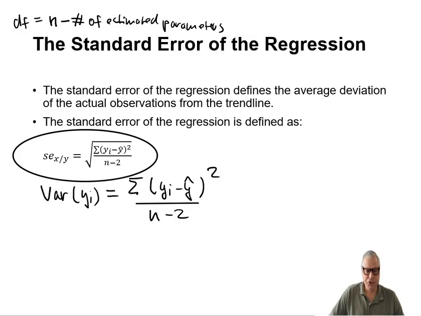So let's just stop here and then continue in the next video with actually calculating the variance of the intercept coefficient. And for that we will also need the standard error of the regression.